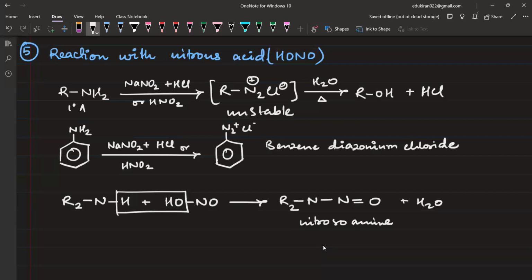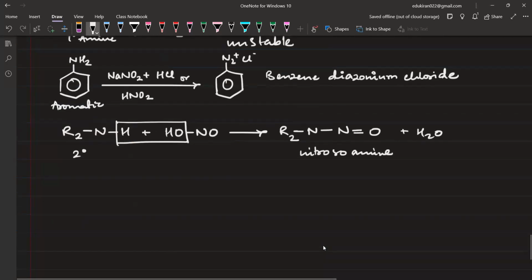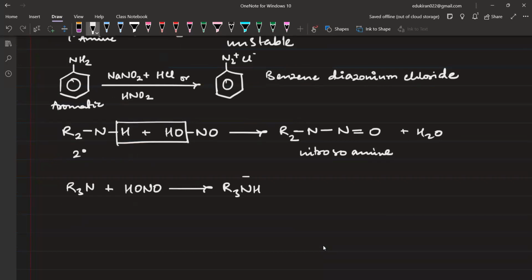This is 1 degree amine, this is aromatic amine, and this is 2 degree amine. What will happen with 3 degree amine? You have 3 alkyl groups attached with nitrogen, and you react this with HONO. It's going to give you an unstable salt, that is R3 nitrogen with 1 hydrogen, the positive charge here, and NO2 negative.